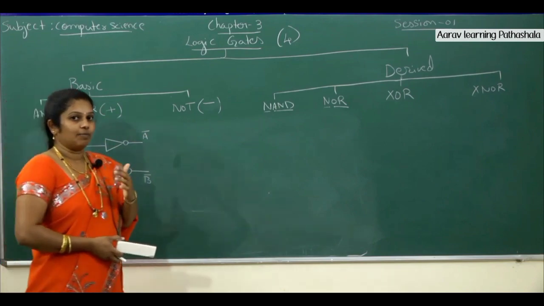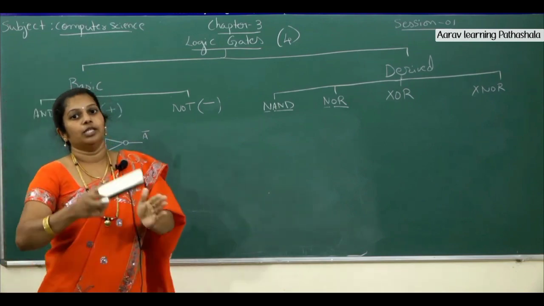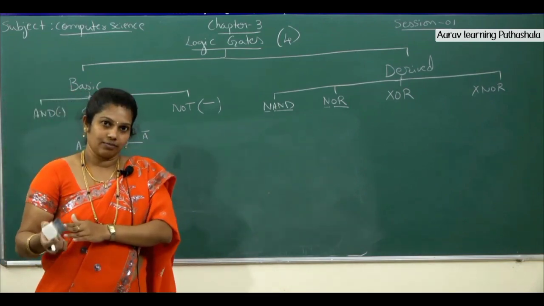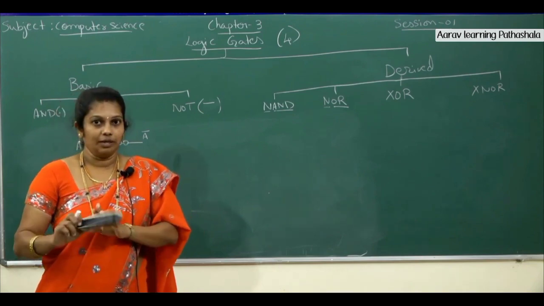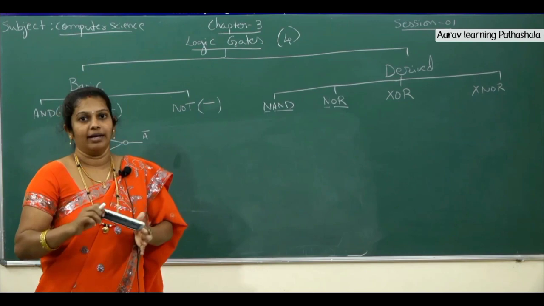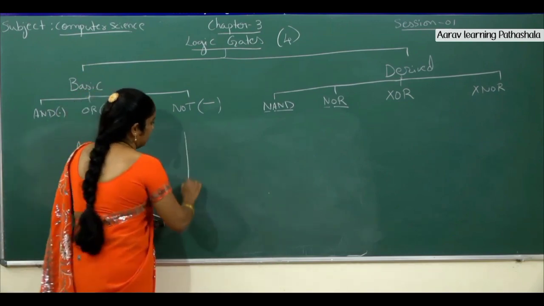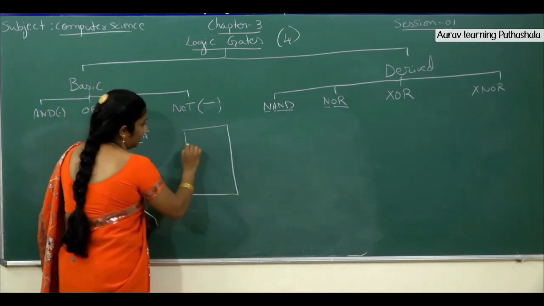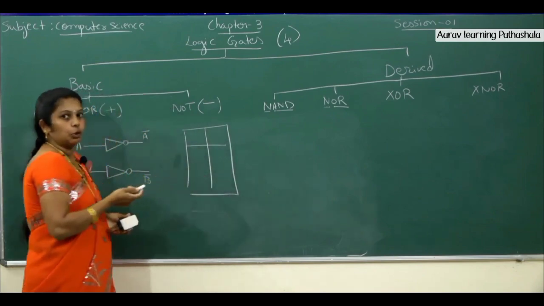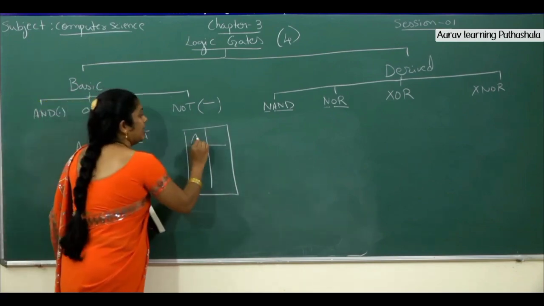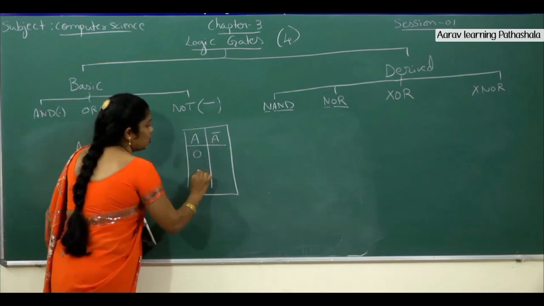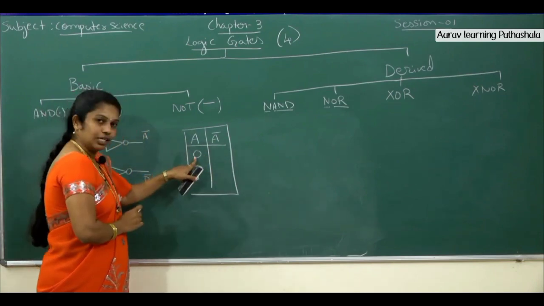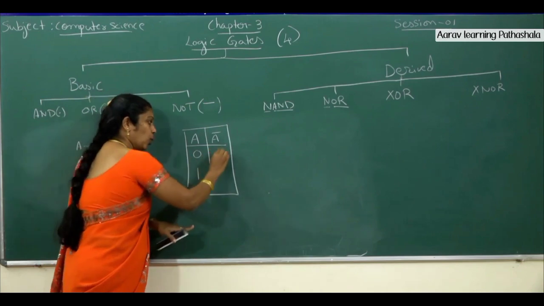Here the output is displayed in such a way that if the input is true, the output is false. If the input is false, the output is true. It means we get the output in reverse format. For example, with only one variable, there are a maximum of 2 combinations: A and output A bar. If input is 0, the output becomes 1.